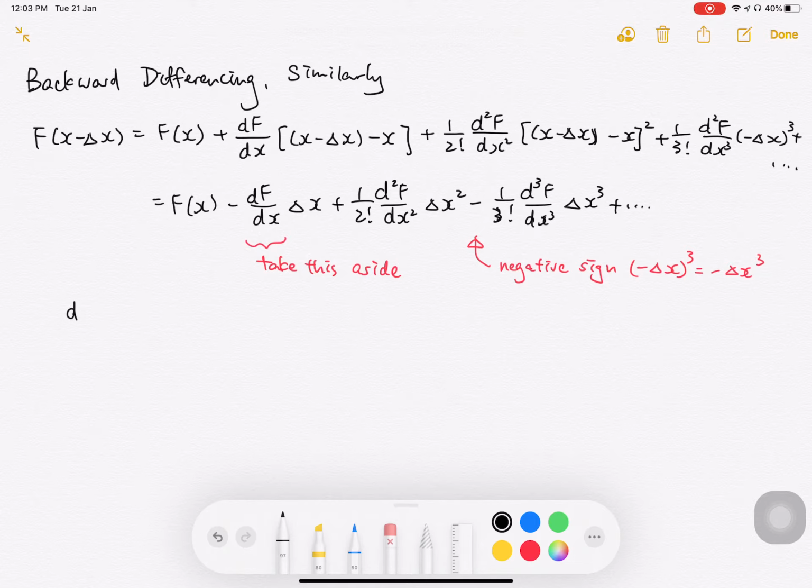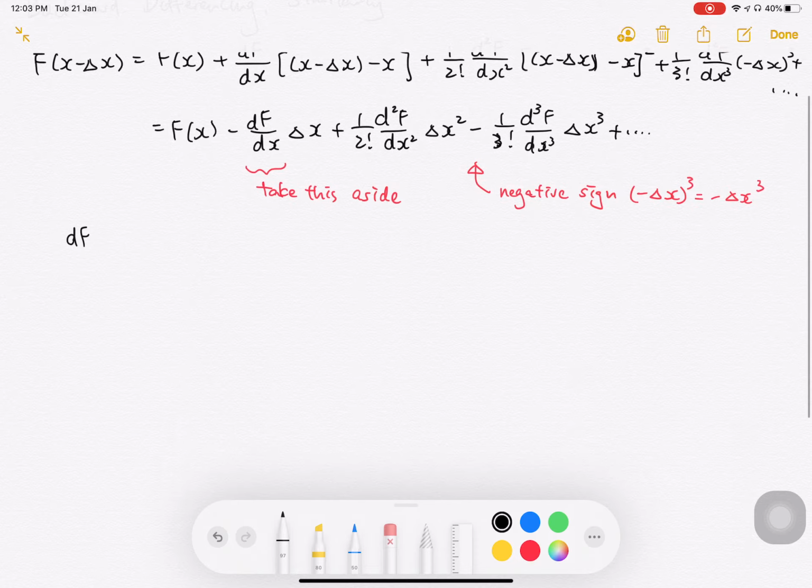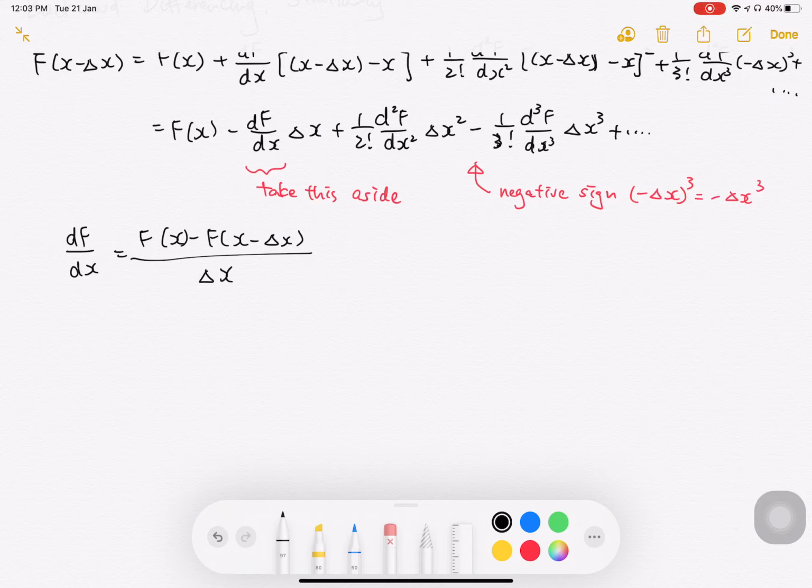And we know that this backward differencing is working with the location on your back, x minus delta x.